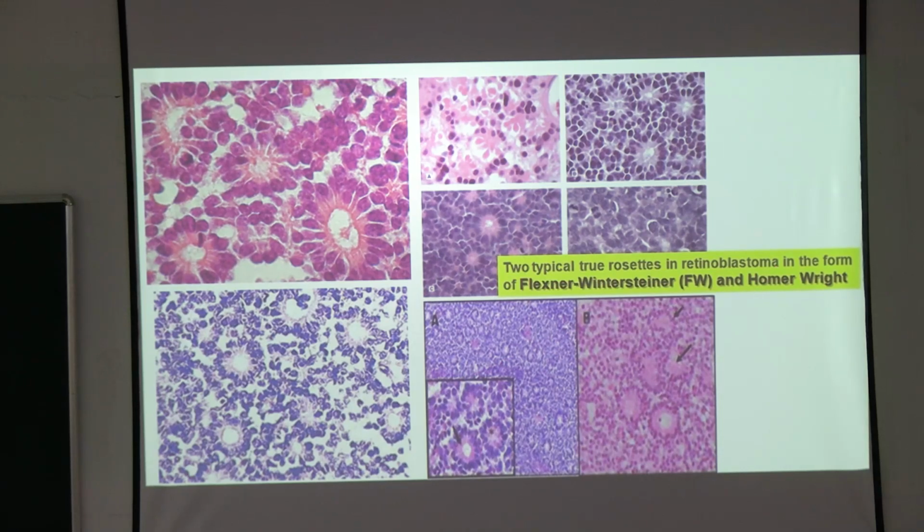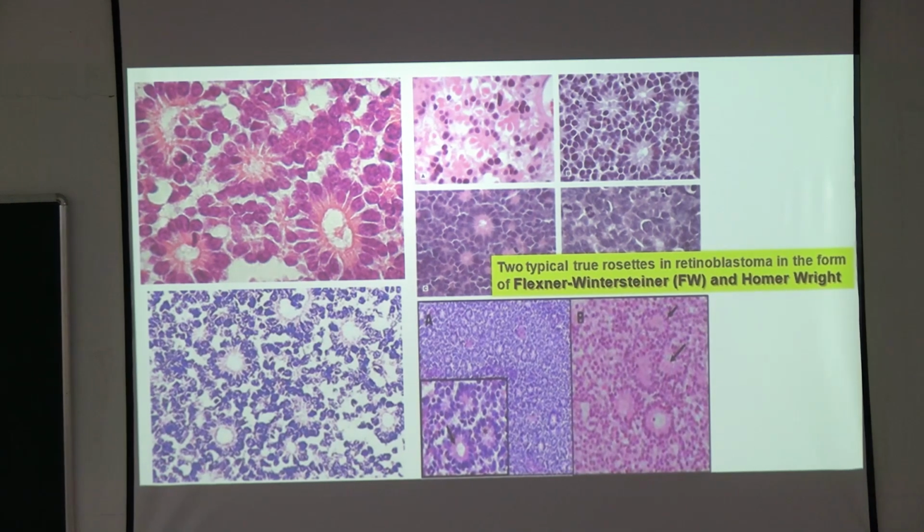So, both the Homer Wright and Flexner-Wintersteiner types of rosette are present in the retinoblastoma. Homer Wright is not a true rosette, that is the pseudo-rosette or false rosette; the other, Flexner-Wintersteiner, is a true rosette. So, the RB gene is responsible for the retinoblastoma.